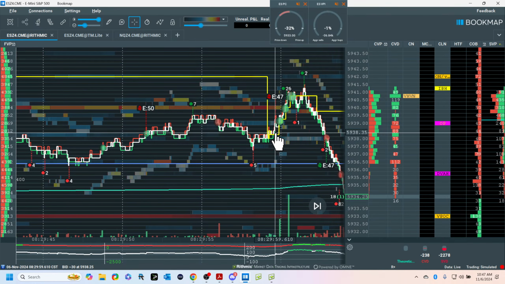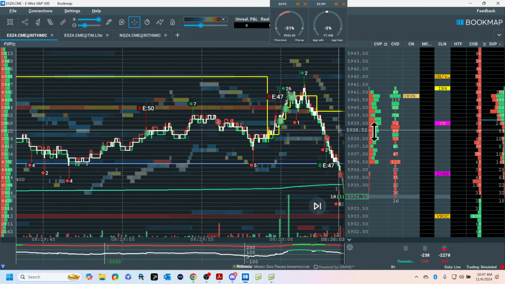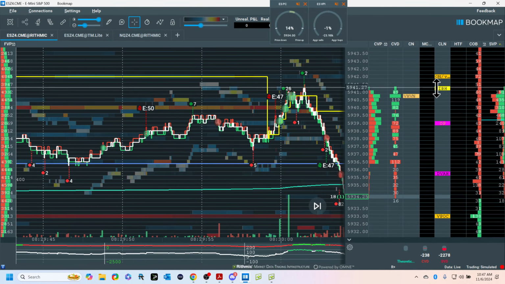So VPAC migration, RTH Open right here. Overnight VPAC has a high probability statistic, opening higher out of range, and you've got to vet these for yourself. It's almost an 80% probability. There's also a 97%-ish probability we take out either the first hour's high or low. This turns out it'll be the first hour high. Who knows?